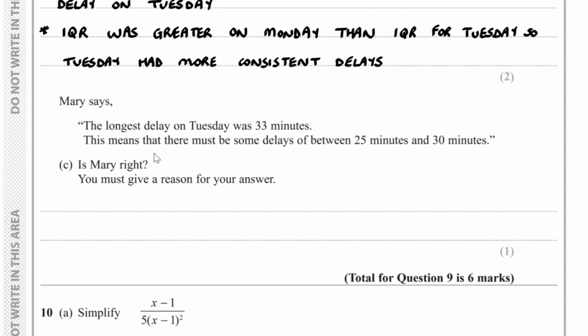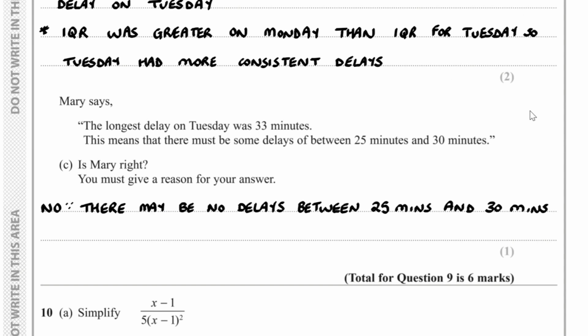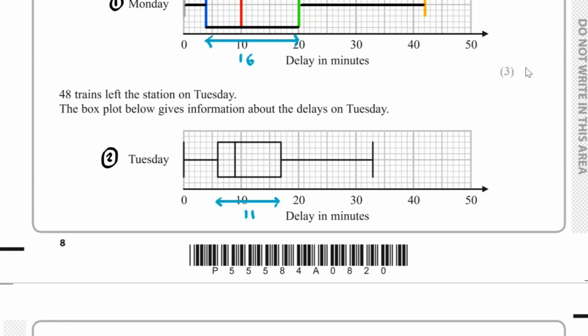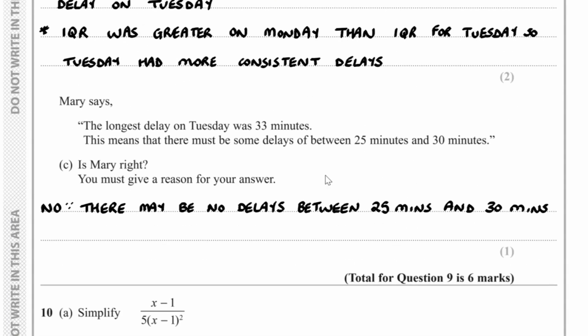And then for part C, Mary says the longest delay on Tuesday was 33 minutes. This means there must be some delays of between 25 minutes and 30 minutes. Is Mary right? Give a reason for your answer. So Mary's not right because there may be no delays between 25 and 30 minutes.